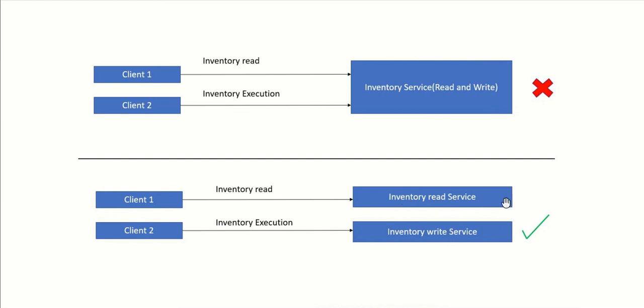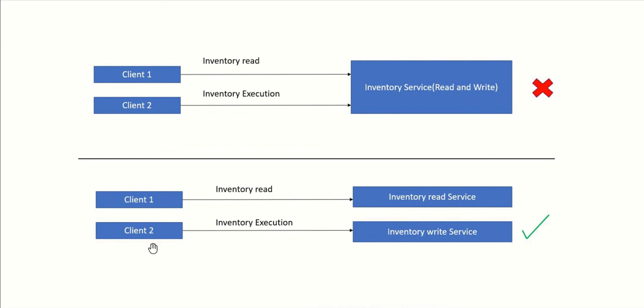If you do that, even your simple inventory read operation ends up doing a lot of network operations. You are creating a lot of communication within your microservices just to achieve a simple inventory read operation. No, create a simple inventory read service. This read service will take care of everything, whether it is store keeping unit, available inventory, or other details. Everything should be inside this service only.